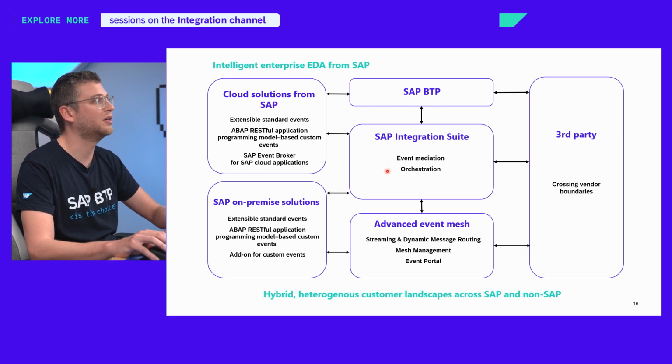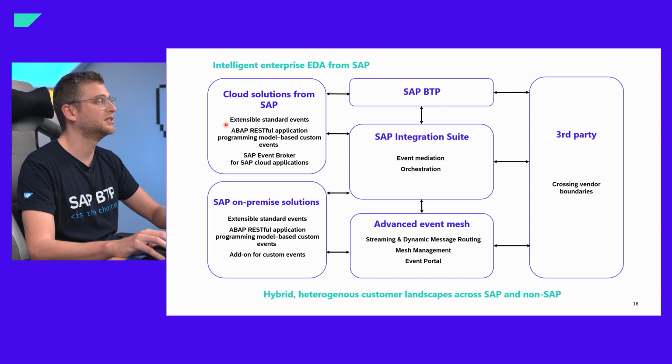If we now look at our SAP systems, whether it's on cloud or on premise, we have event sources and also event consumers. In the cloud as event sources, we have extensible standard events as well as the ABAP RESTful application programming model for custom events.